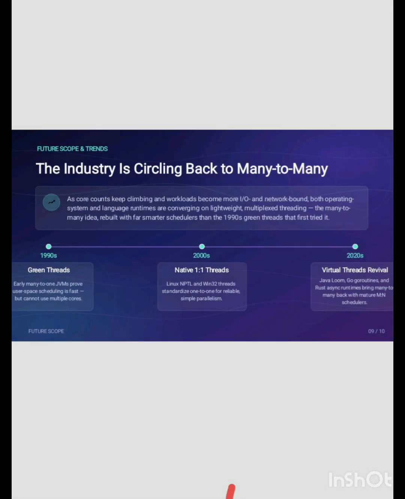Now we learn about future scope and trends. The industry is circling back to many-to-many as core counts keep climbing and workloads become more I/O and network bound.